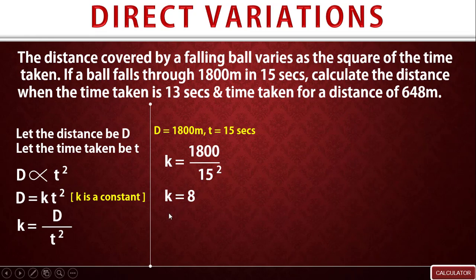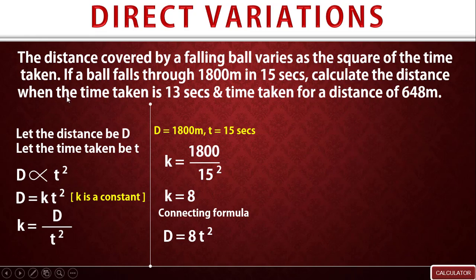The next thing is to fix the value of k into the formula d equals kt squared. Then our connecting formula is d equals 8t squared. This is the formula that will help us solve the problem.